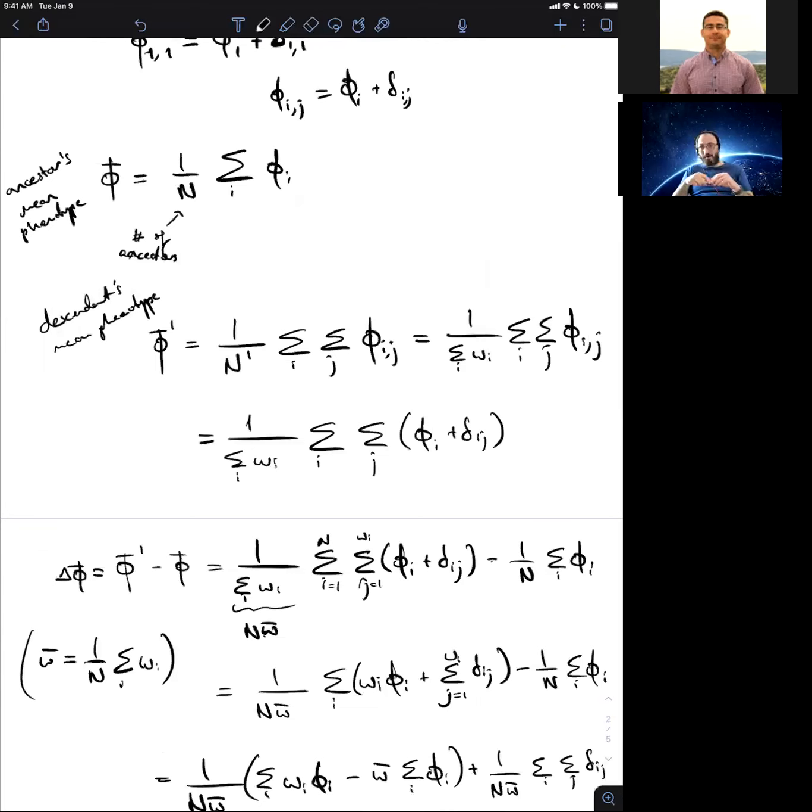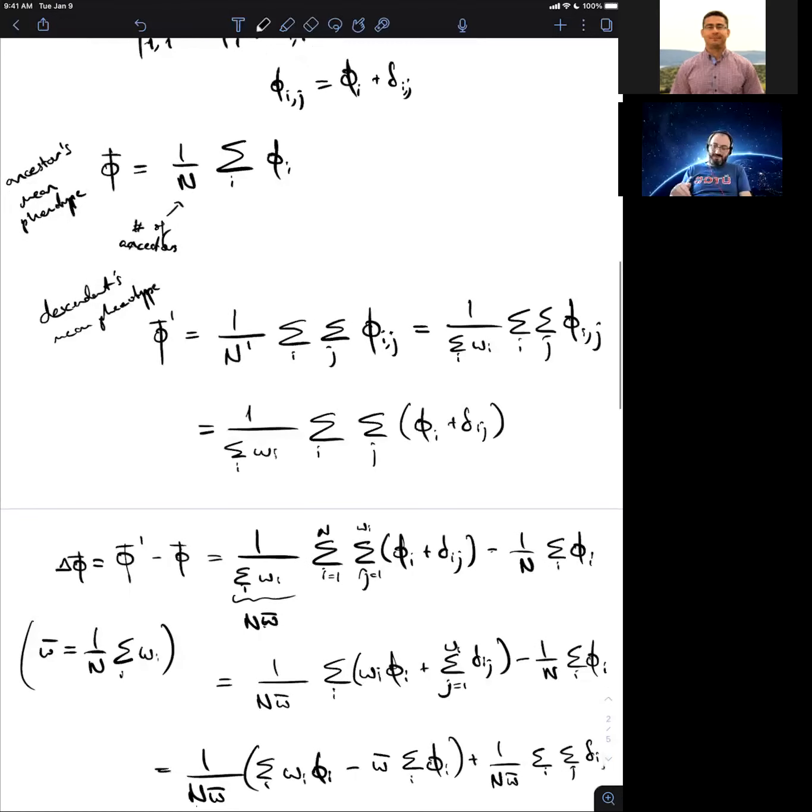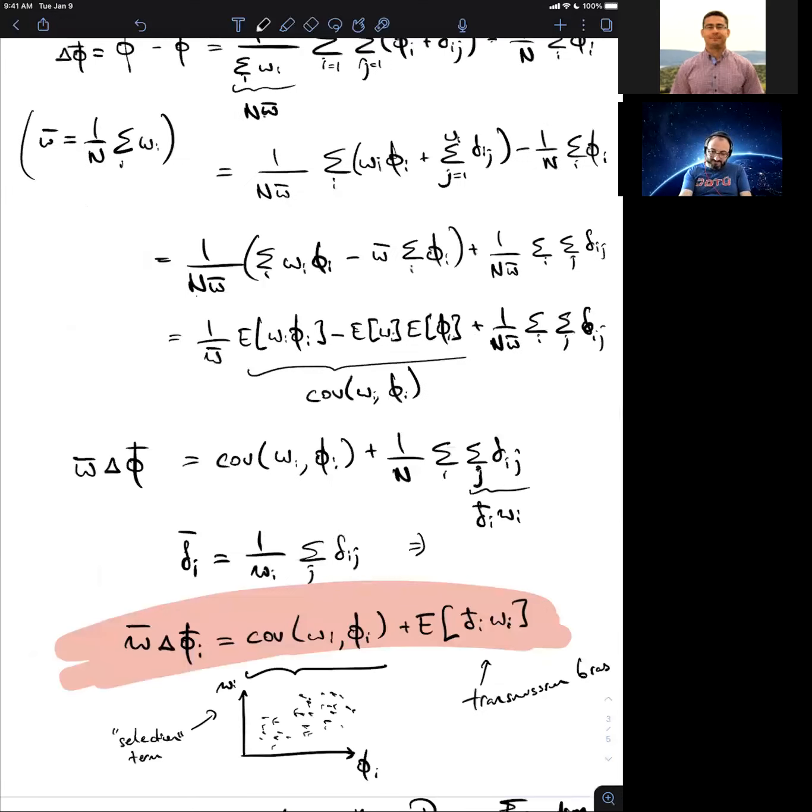So this all works with nonlinear relations between fitness and phenotype, or fitness and transmission, or whatever. As long as you can calculate these quantities, they give you the mean phenotypic change.